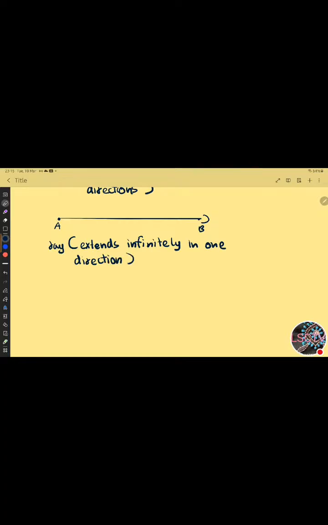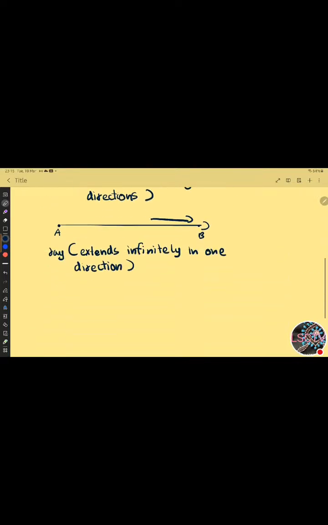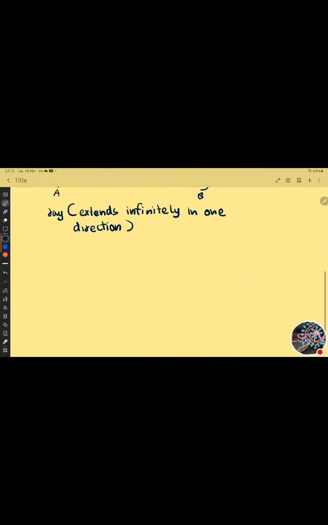Right? A ray extends infinitely in one direction.